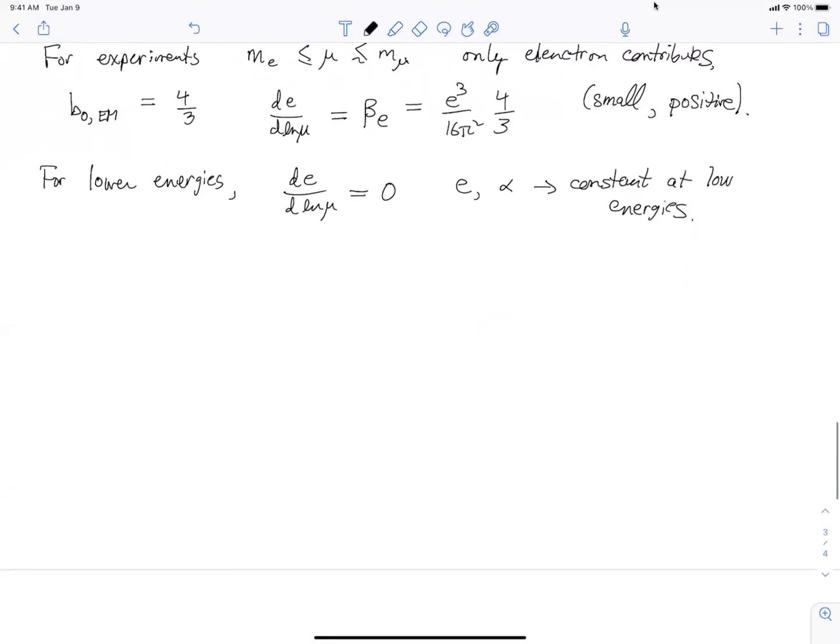That's why it's called the fine structure constant at low energies. Okay, so if we graph what this is going to look like as a function of mu, this is going to be the fine structure constant for QED. And let's say, this is not going to be to scale, I'm going to put the electron mass here, and I'm going to put the muon mass, and up here maybe is the top quark mass, right?